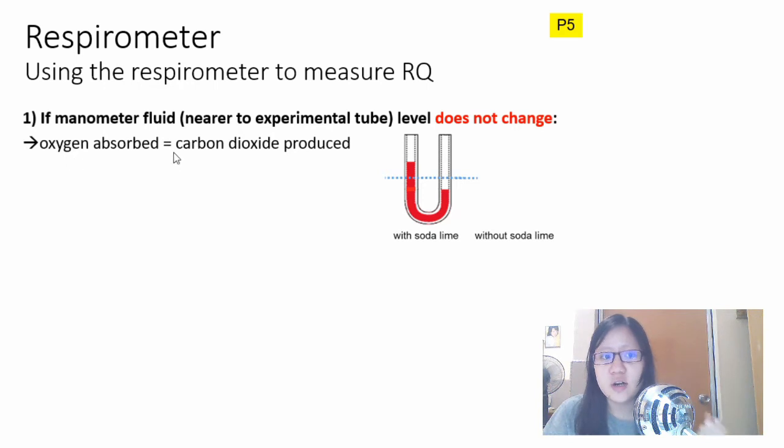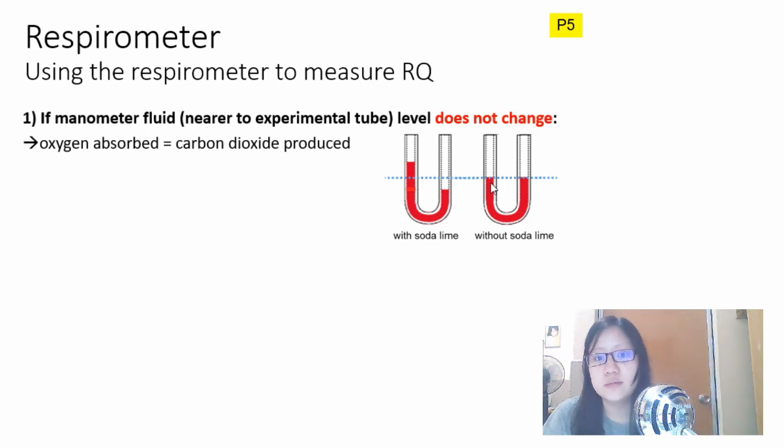If oxygen absorbed equals carbon dioxide produced, you expect that when you don't have soda lime, when it breathes in, it's going to take in oxygen, the same amount that you did just now, but when it breathes out, carbon dioxide will be produced, so it will lower the level of the manometer scale.